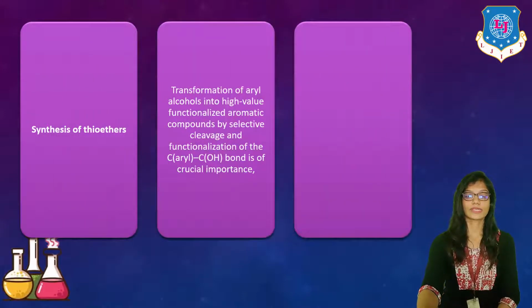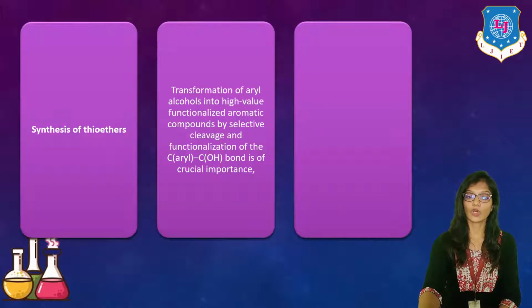Our next one is synthesis of thioethers. The transformation of aryl alcohols into high value functionalized aromatic compounds by selective cleavage and functionalization of the aryl C-OH bond is of crucial importance for us. It plays a very important role in any kind of industry.